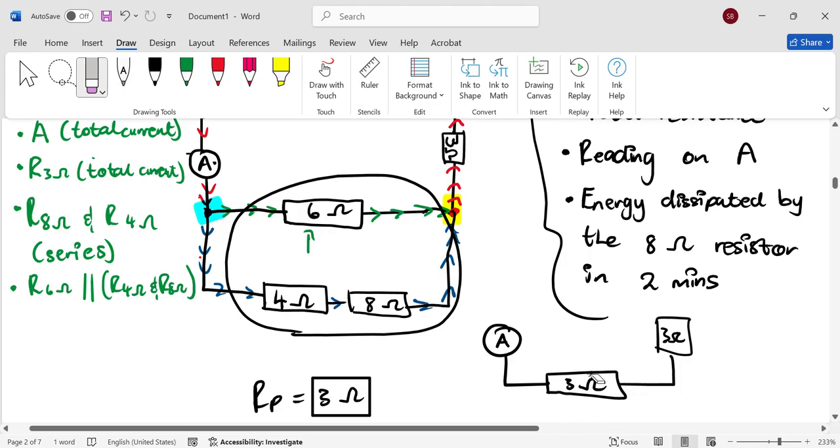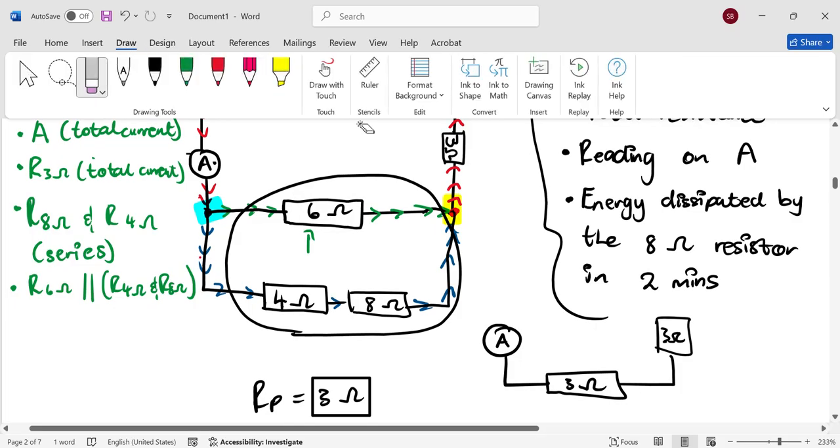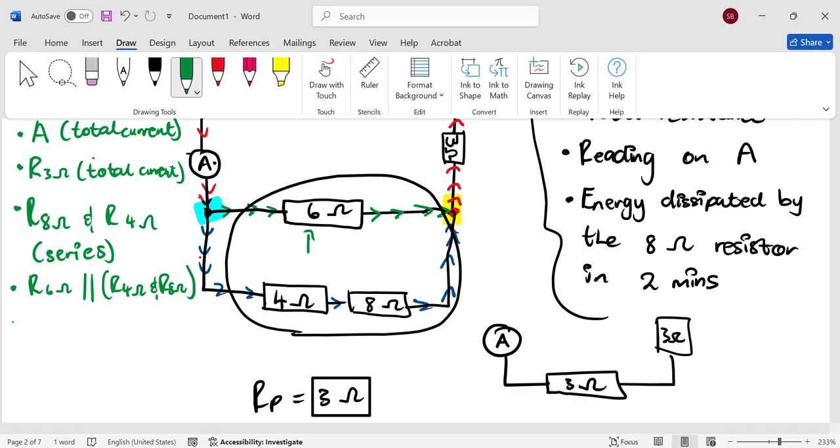Thus, the combination of 6, 4, and 8 is in series with the 3 ohm resistor over there, right? So I can then write that down. I can say that R parallel, that would be the resistance in parallel, is in series to the 3 ohm.